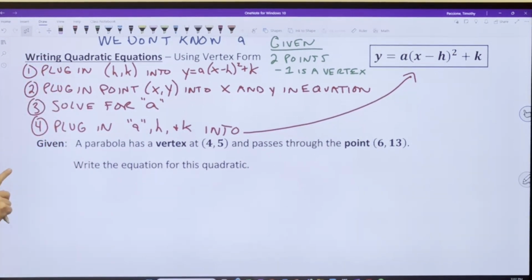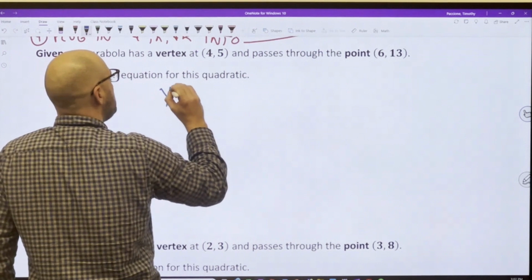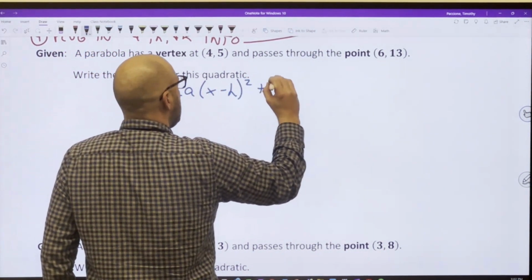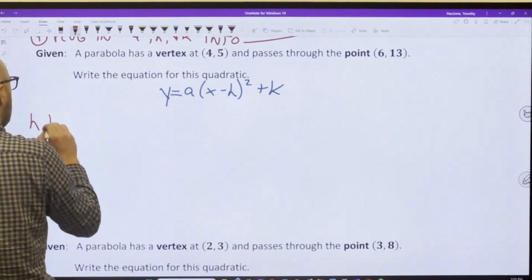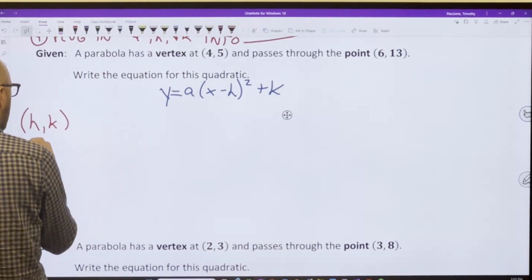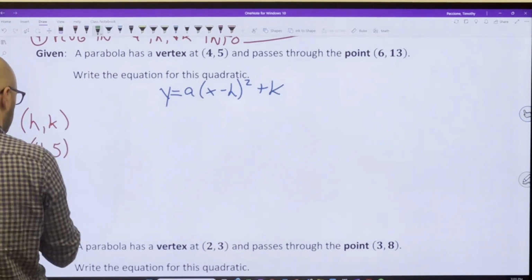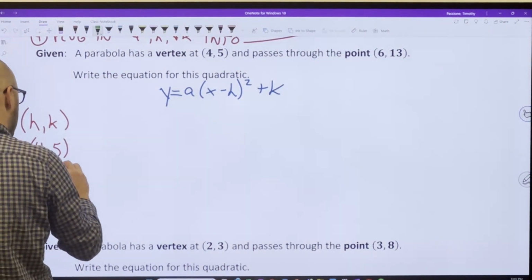Everybody still ready? Okay. So vertex form, we know that's y equals a times x minus h squared plus k, right? So our h and our k are given. What are they? 4, 5. What else is given here? A point of x, y.